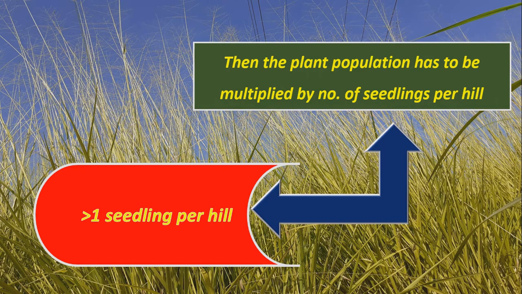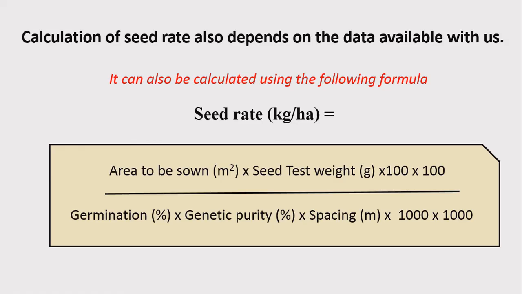And if the genetic purity is given in the problem, this is the formula: seed rate in kg per hectare is equal to area to be sown in meter square into seed test weight in grams into 100 divided by germination percentage into genetic purity percentage into spacing in meter into 1000 into 1000. So based on the data available, we need to go for the appropriate formula.